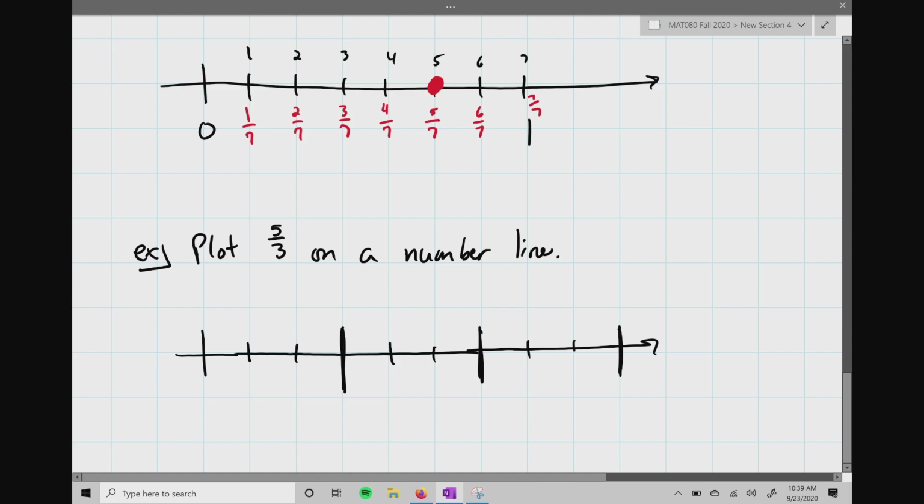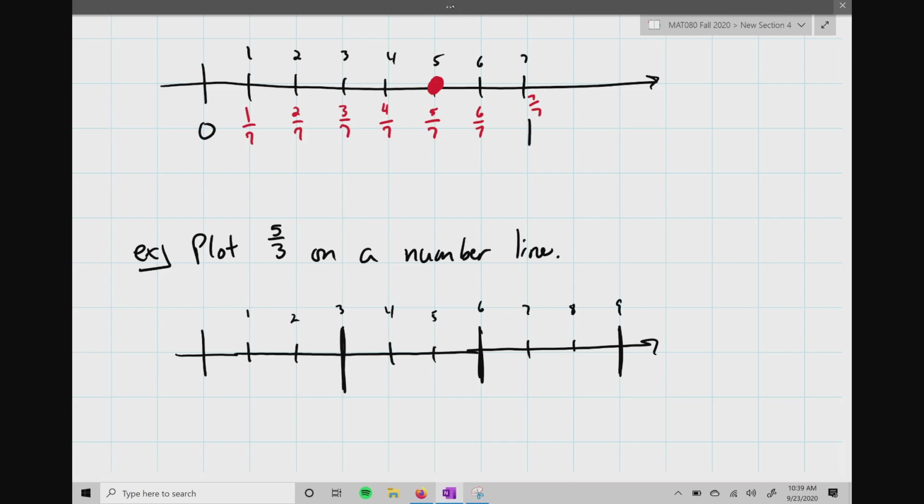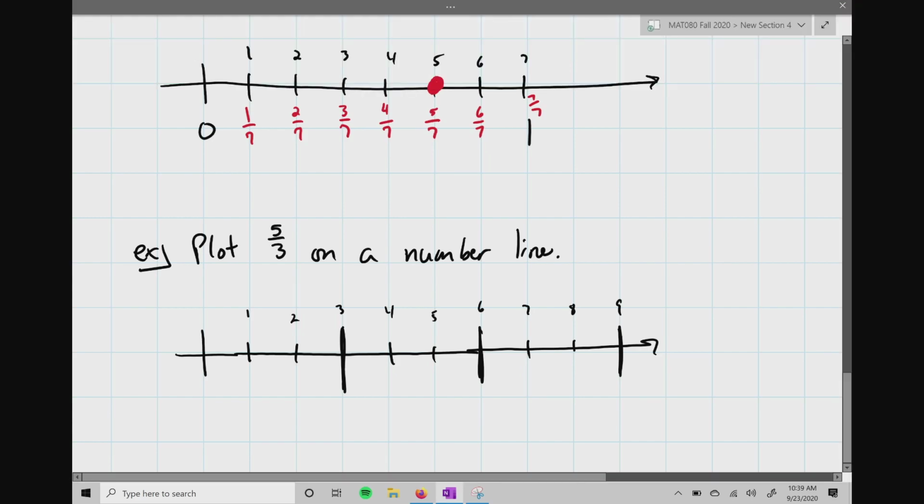Okay. So if I were to label them again, I'll do it on top. 1, 2, 3, 4, 5, 6, 7, 8, 9. Okay. Are we all on the same page so far? Because like I said, I know people hate fractions. All right. Underneath, I'm going to write out their fractions now in red.